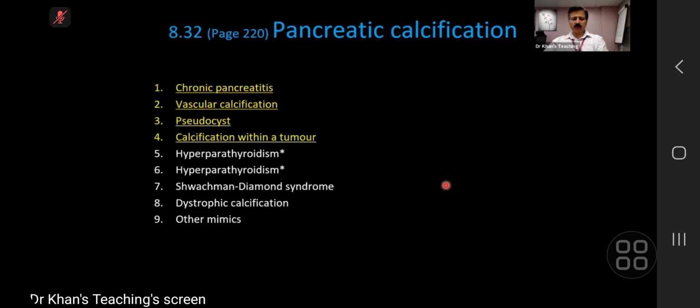And pancreatic calcification has a differential diagnosis: chronic pancreatitis, vascular calcification, pseudocyst, and calcification within a tumor. This is very important for you to remember. And I urge you to read the details of 8.32. I don't have time to go through it, but it can save you in the exam.